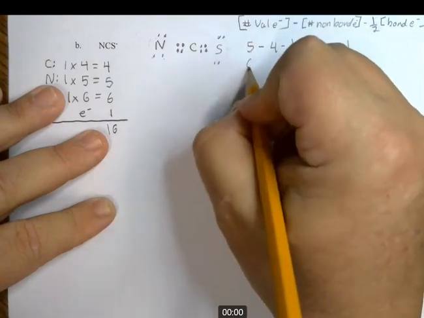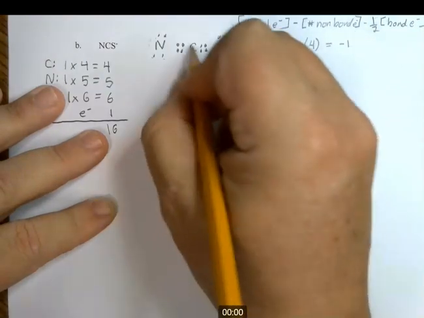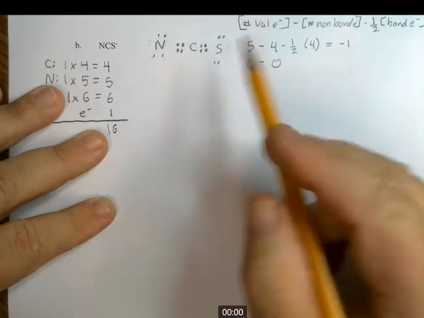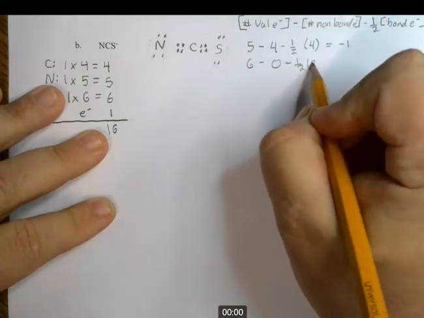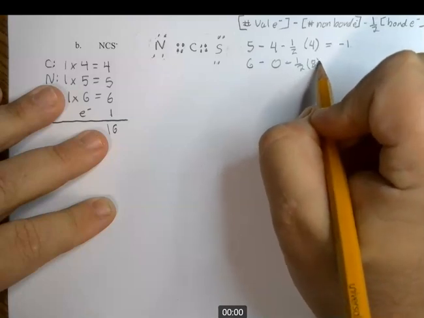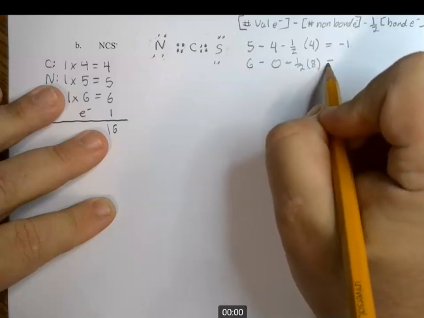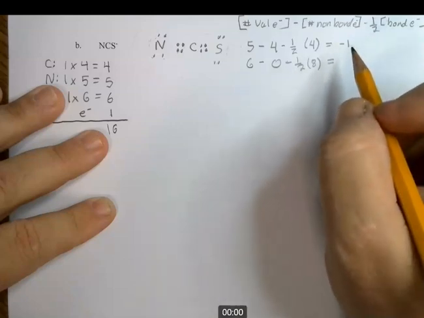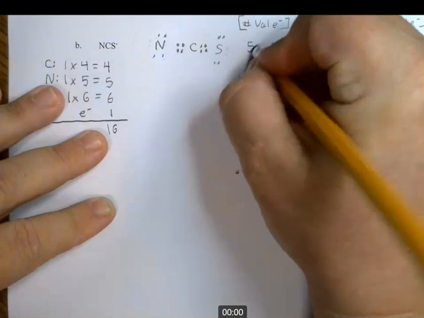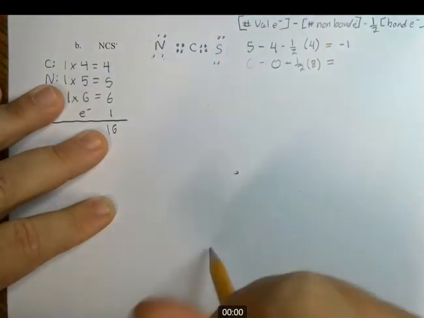Carbon, 6 minus 0, no non-bonding electrons in there, minus 1/2 of 8. Again, I'm sure carbon is not 6. Carbon is 4. Correct that.